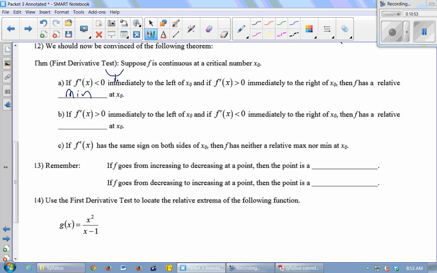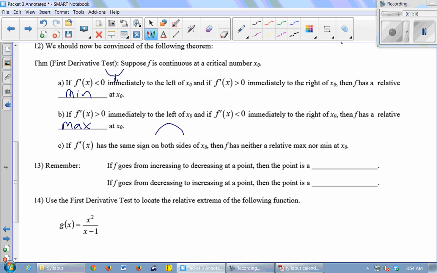And then reverse it. If f prime is positive just to the left and negative just to the right, we have a relative max. Because in this case, f prime positive says increasing, and then f prime is negative, so then it becomes decreasing, so it's increasing to decreasing, relative max.